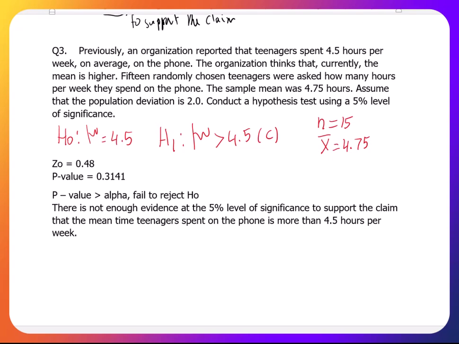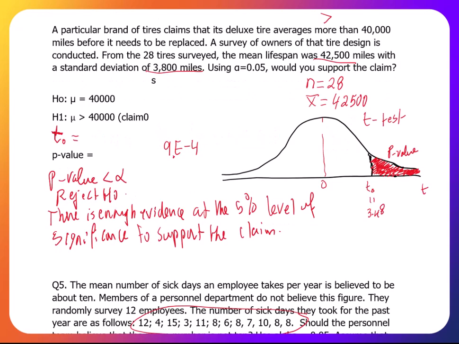You guys agree with me that 31% is bigger than 5%, so we fail to reject H0. And if you fail to reject H0, you always start with: there is not enough evidence at the 5% level of significance. Where is the claim? The claim is in H1, so you use the word support: to support the claim that the mean time teenagers spend on the phone is more than 4.5 hours per week. I'm gonna go to the next question.